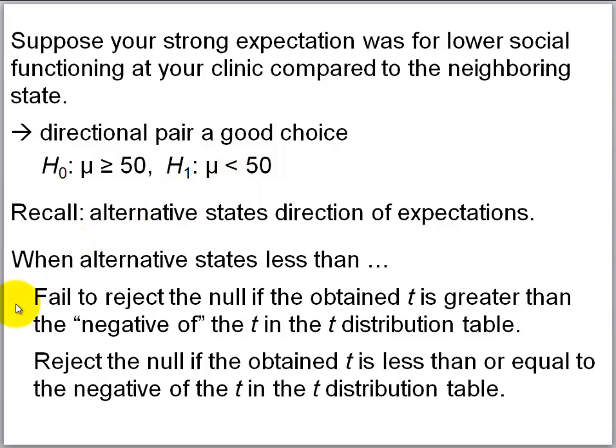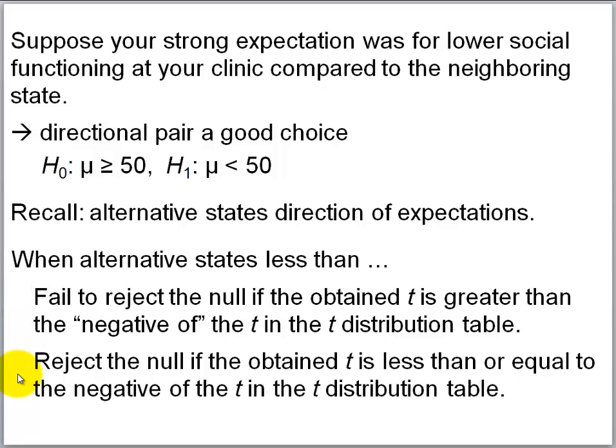Here is the decision rule if the alternative states less than for the one sample t-test, and that is: fail to reject the null if the obtained t is greater than the negative of the t in the t-distribution table.